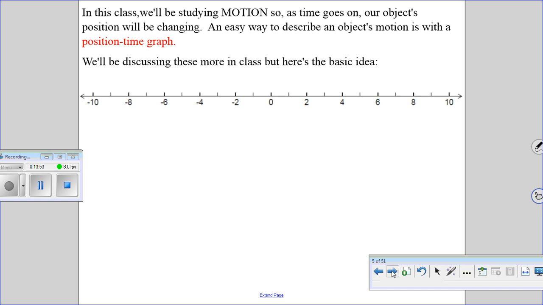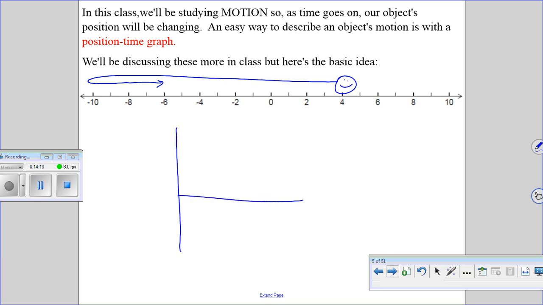In that example that we just did a little bit ago, we had Tim Horton, right? He started here at 4, and then he traveled all the way back to a position of negative 10, and then forwards to 6, right? So we could make a position time graph. We'd have two axes. The horizontal axis will always be time, and our vertical axis here is going to be position.